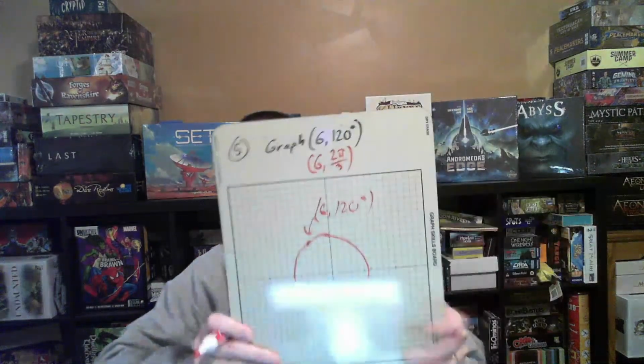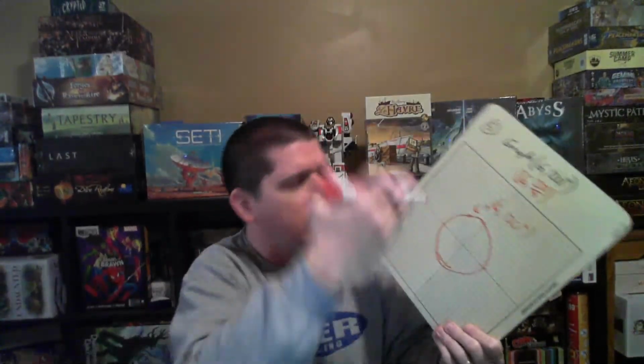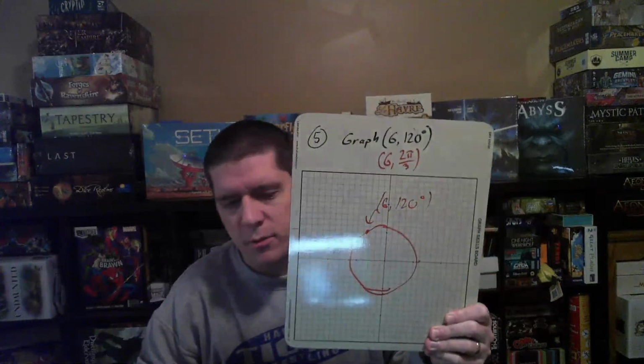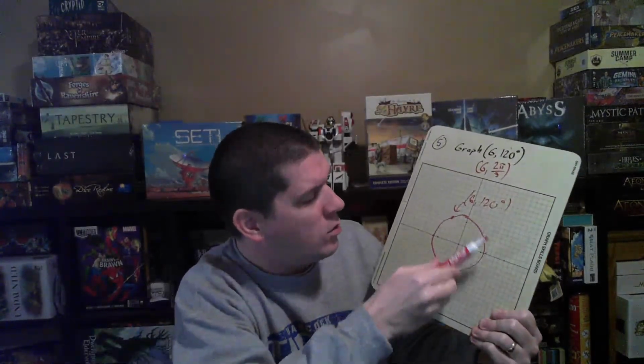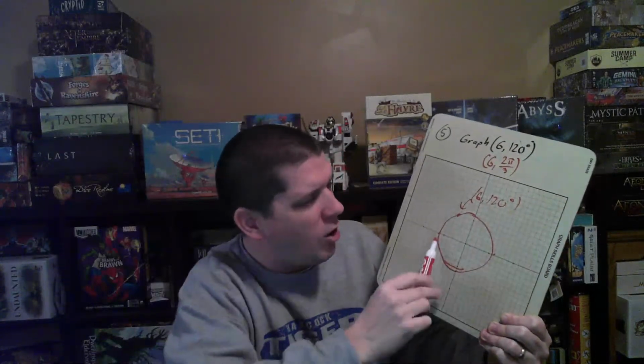Now, just because I want to talk about radians, we could also see 6, 2 pi over 3. To me, when I see that, I could convert that to 120 degrees. That's definitely something we could do. Or I could just think about it: 2/3 pi. Well, pi is halfway around.